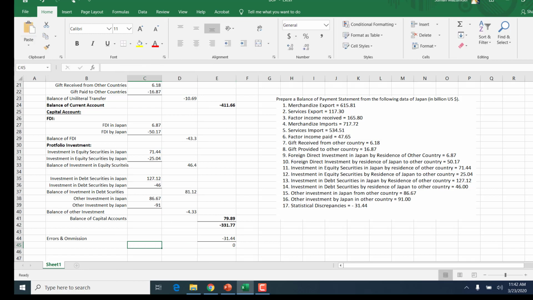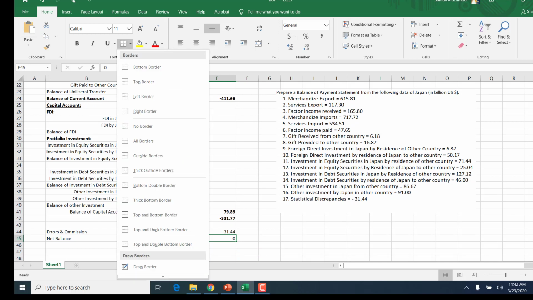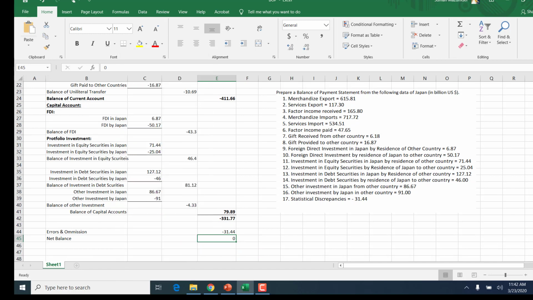Keep in mind the net balance of balance of payment must be zero. Now you see minus 331.77 and minus 31.44. If we add these two, it's not equal to zero. That means there must be something missing here, so you have to find out this missing amount.